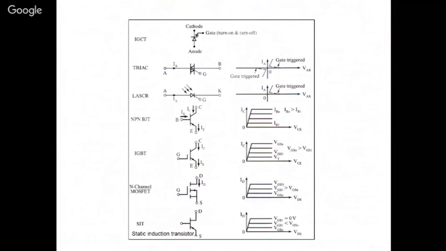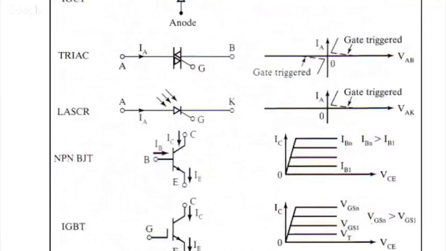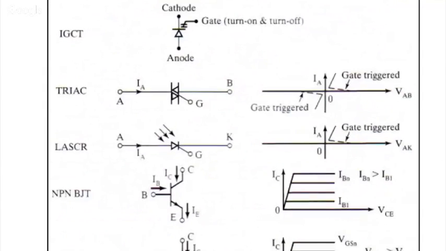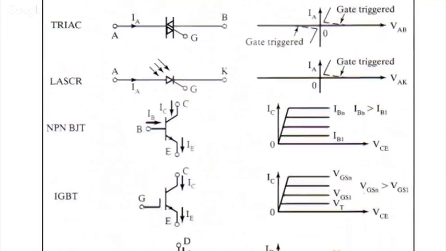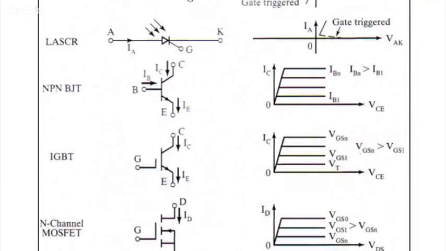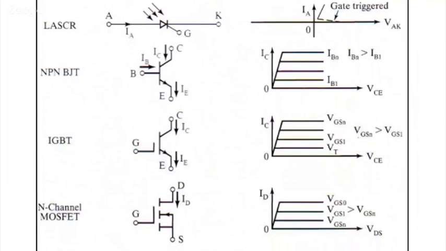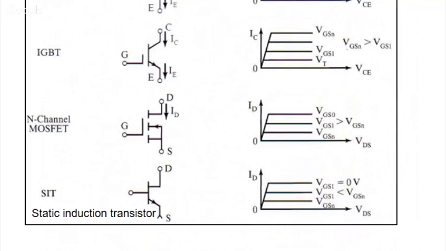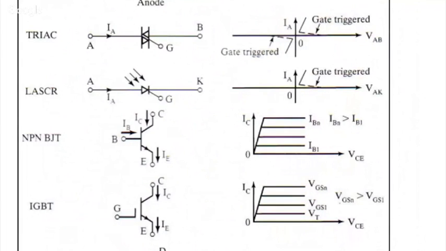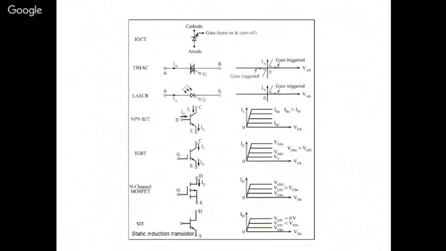Similarly, you have IGCT, integrated gate commutated thyristor, and the Triac. The Triac, as I already told you, is a bidirectional device. It can be controlled in both the first and the third quadrant. Then you have a light activated SCR, PNP, BJT, IGBTs, N channel MOSFET, and SIT, static induction transistor. So these are the different power devices, switches, which are available.